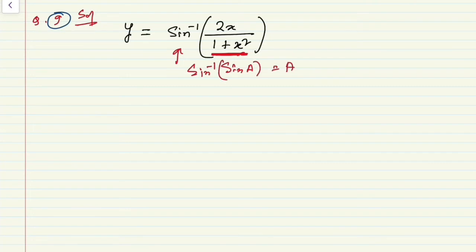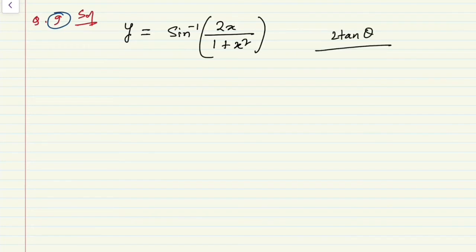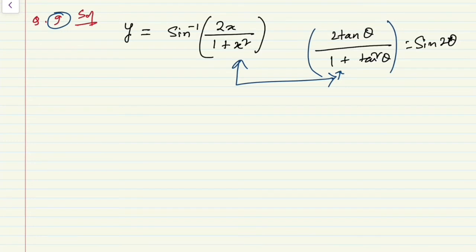So here if you recall the trigonometric ratio, 2 tan theta by 1 plus tan square theta is equal to sine twice theta. So if you compare this expression with this part of the identity, you can see both are in the same form.